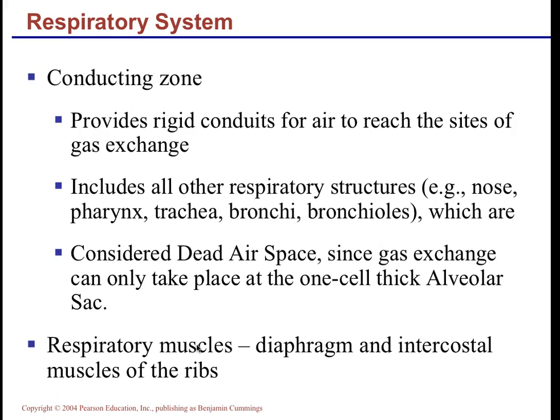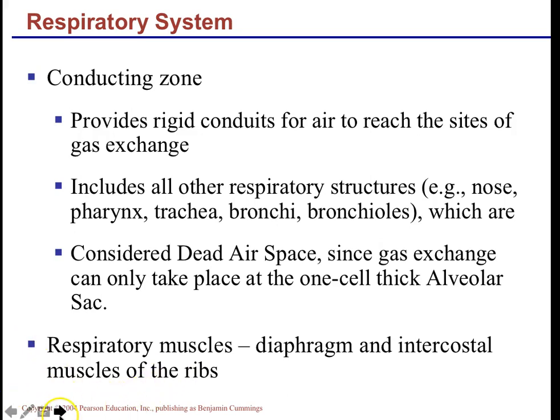That is the diaphragm and the intercostal muscles of the rib. So towards the end of this presentation, we'll get into the specifics about inspiration and expiration and how the muscles of the respiratory tract can either make the lungs larger or smaller.